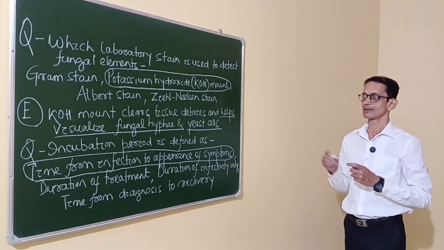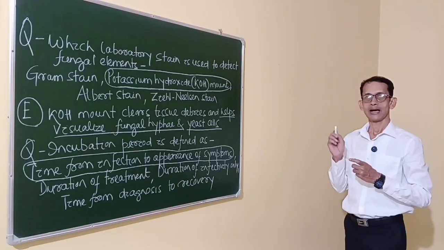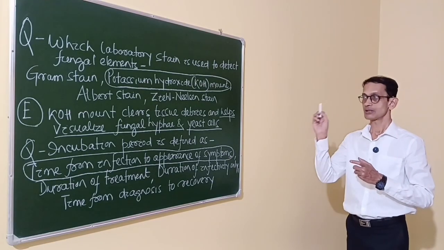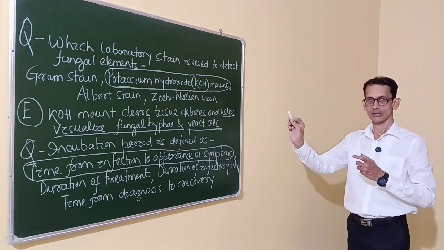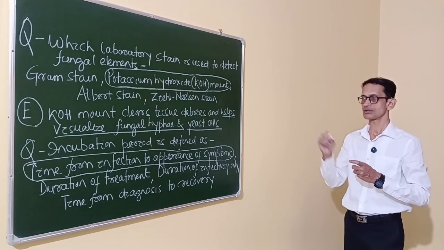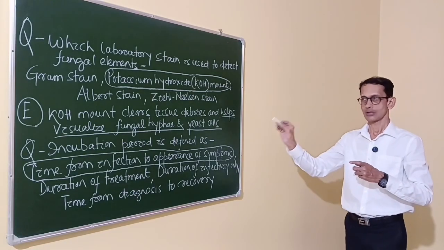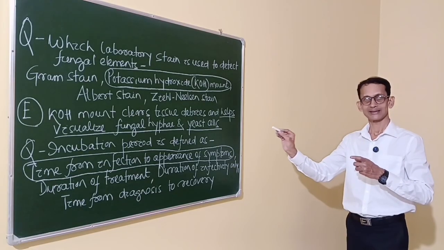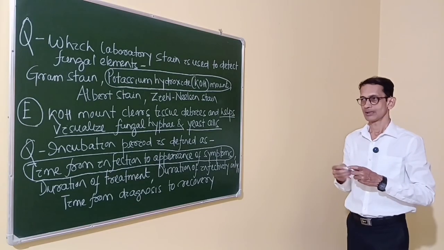Options: Gram stain, potassium hydroxide or KOH mount, Albert stain, Ziehl-Neelsen stain. The answer is KOH mount, potassium hydroxide mount. Look at the explanation. KOH mount clears the tissue debris available in the sample and helps visualize fungal hyphae and yeast cells. Underline this.